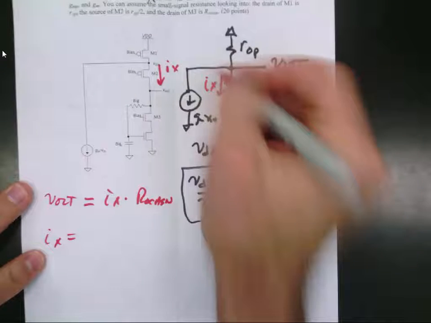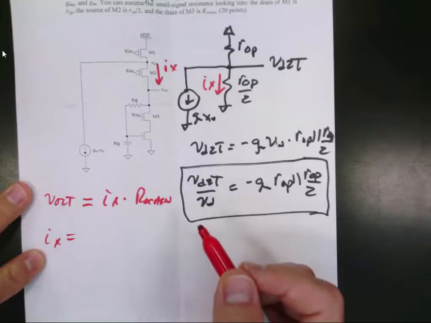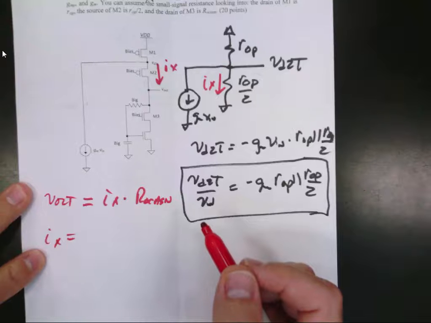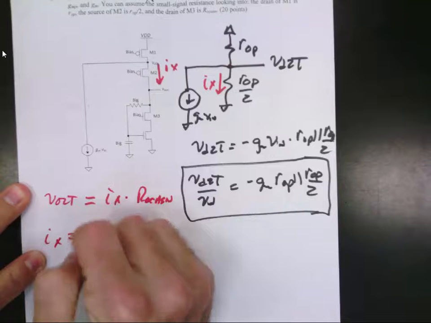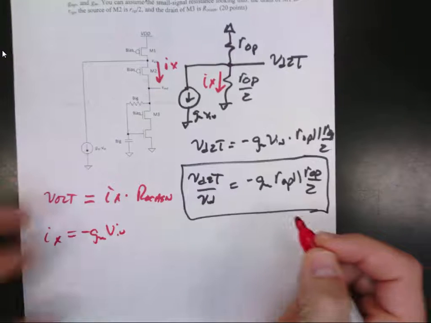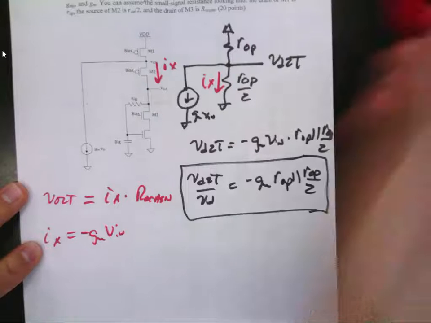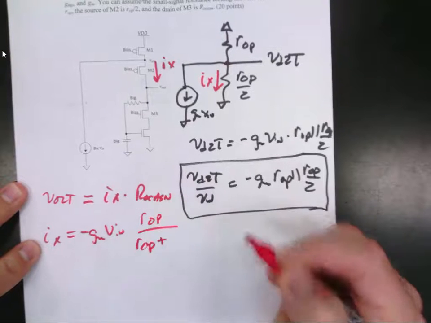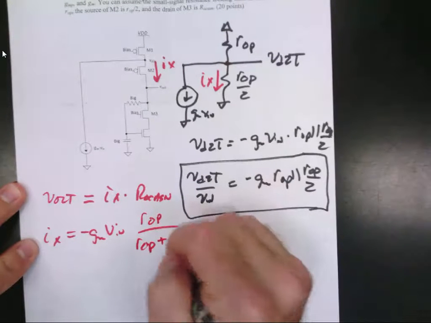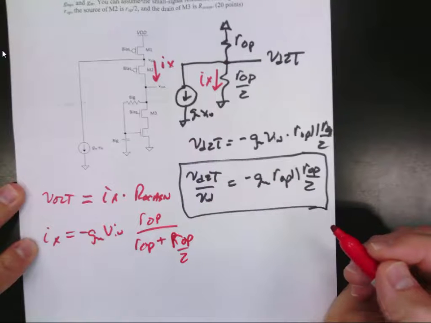So let me see, the input current is minus gm Vn, this is scaring me, so I'm going to derive this, times what for the current division? R out P plus R out P over 2.